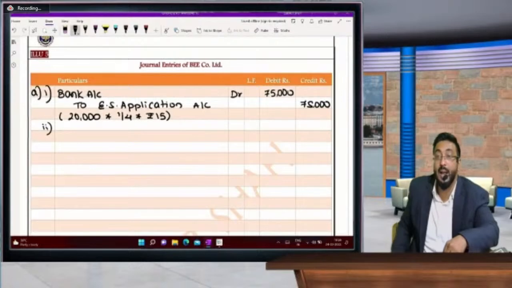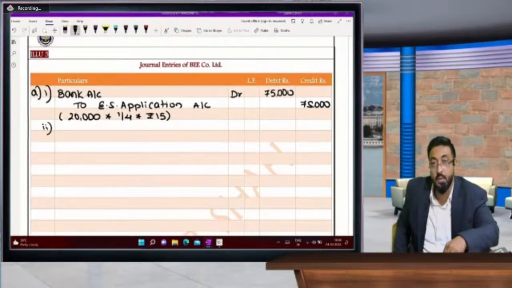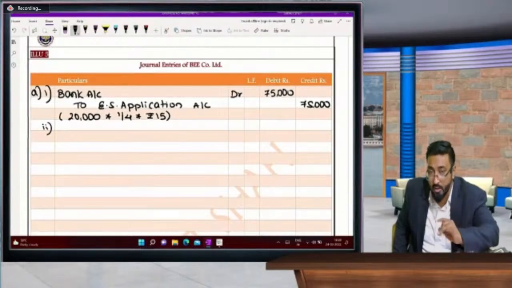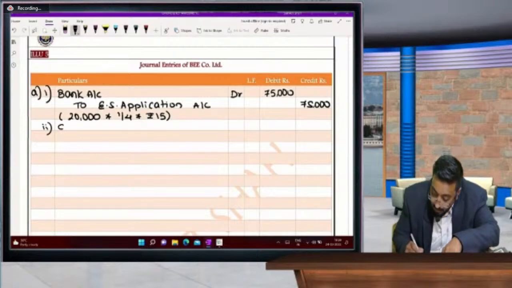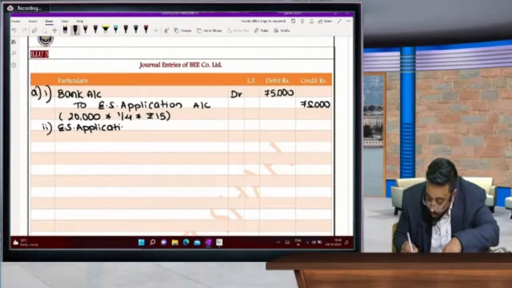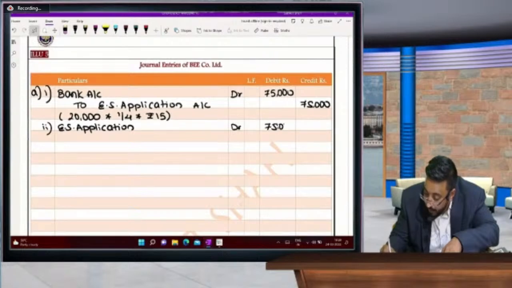You applied for the rights issue. See, out of 15, 10 is face value, so you are going to divide. Bank is cash coming in, equity share application is a temporary account. So they applied, and equity share application we are going to cancel. 75,000, wait, so it is rupees 15.